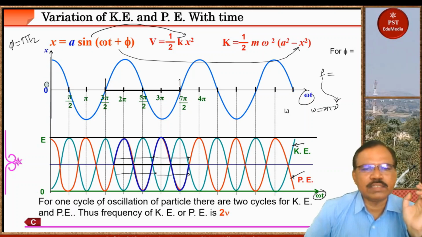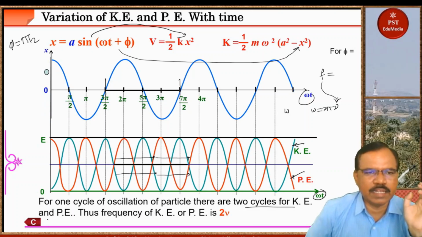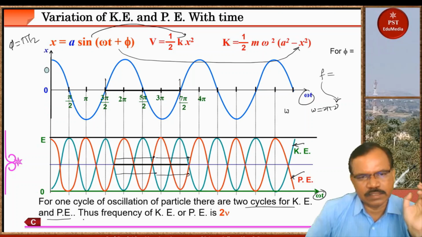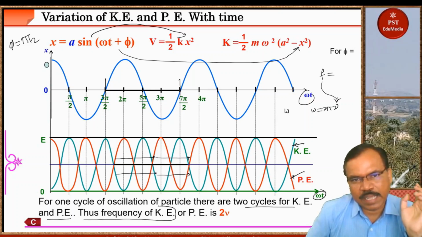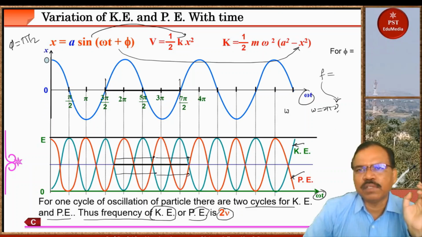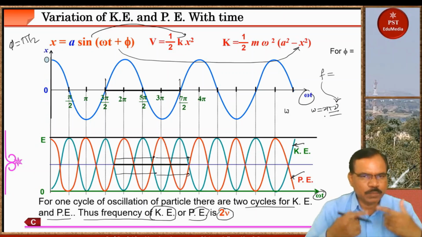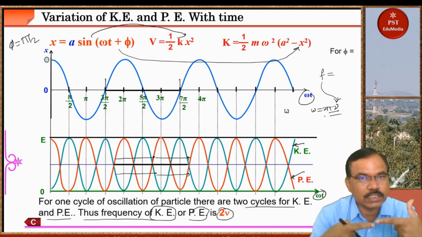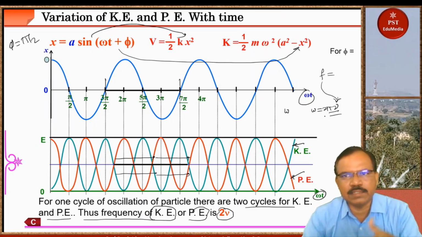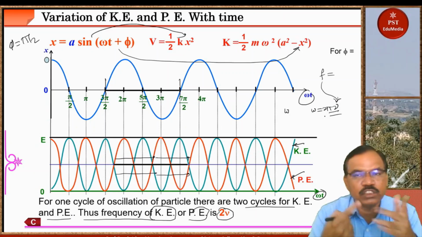For one cycle of oscillation of the particle, there are two cycles of kinetic energy and potential energy. Thus the frequency of kinetic energy or potential energy is 2 nu, where nu is the frequency of oscillations. So the frequency of kinetic energy and potential energy is twice the frequency of oscillations.